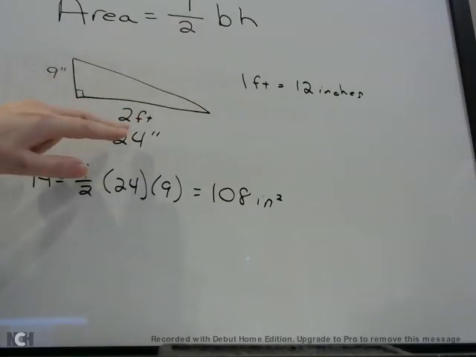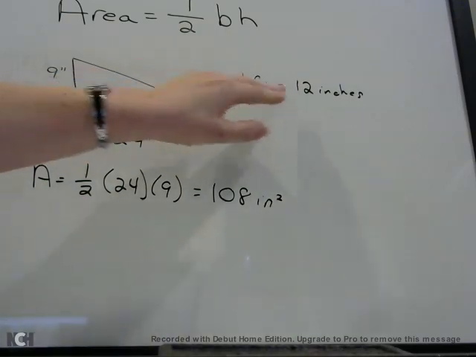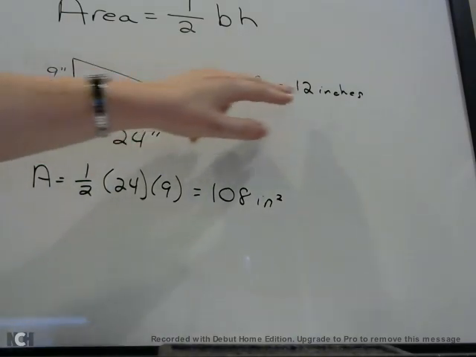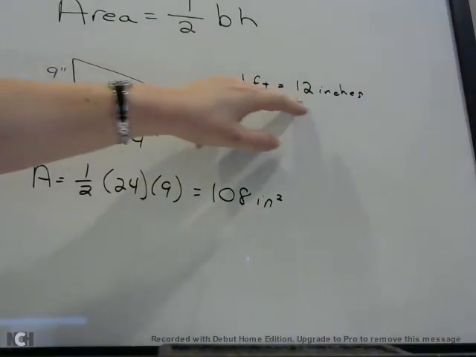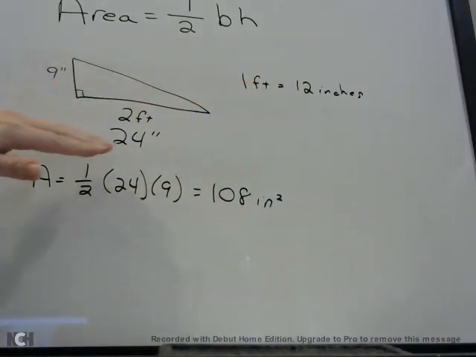You can change them to feet or change them to inches, doesn't matter. I guess you probably also want to look at what the answers are in and change it to whatever unit that is. And remember, 1 foot equals 12 inches, so 2 feet, you just multiply that by 2. 3 feet, you multiply that by 3. Once you're in the same units, then just apply the formula.